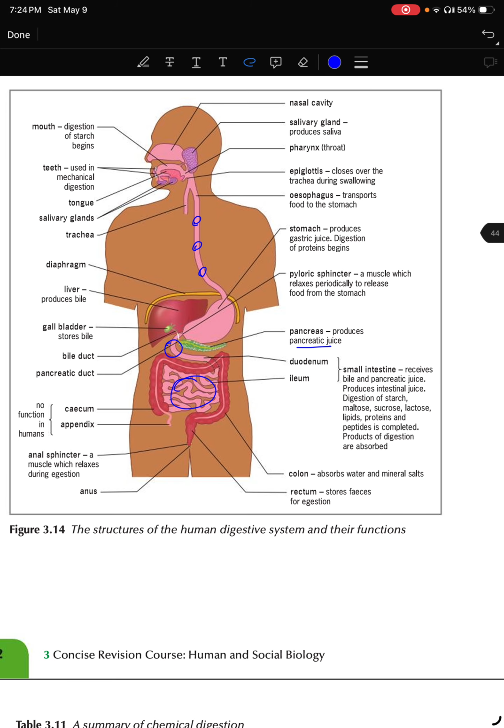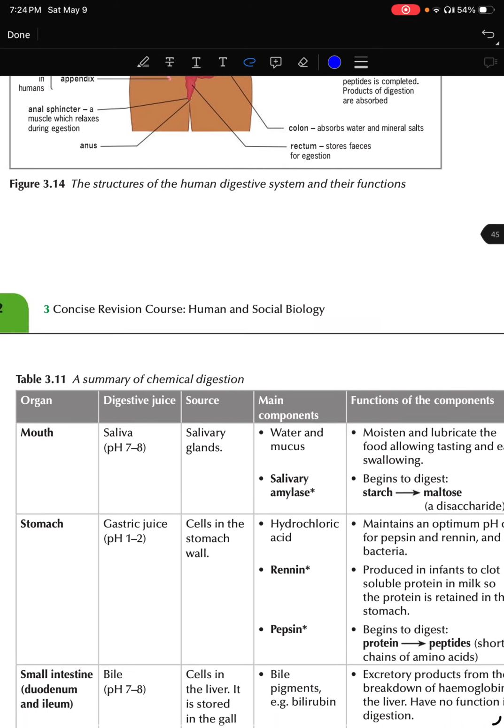Especially in the ileum area right here. And why do you want a large surface area? To allow faster diffusion, faster absorption, similar to how when you had the smaller pieces of food, you want faster diffusion of the enzymes going in, you want faster diffusion of the products of digestion going in here.